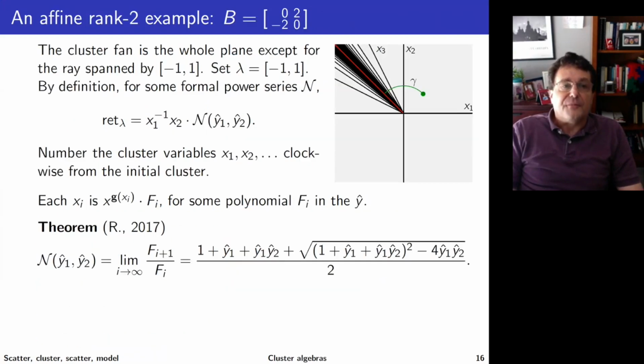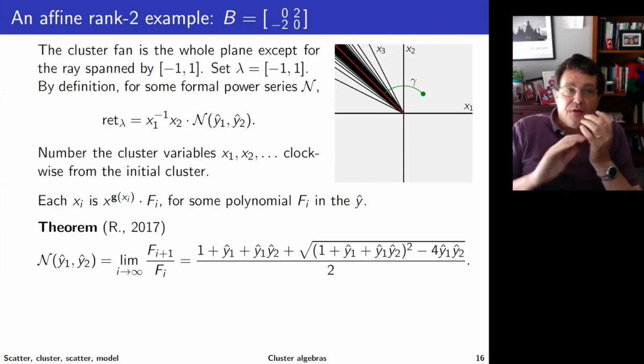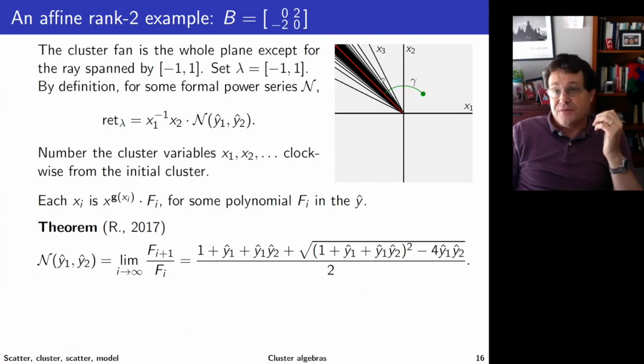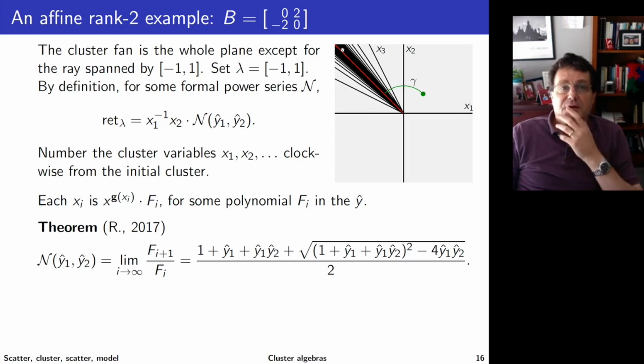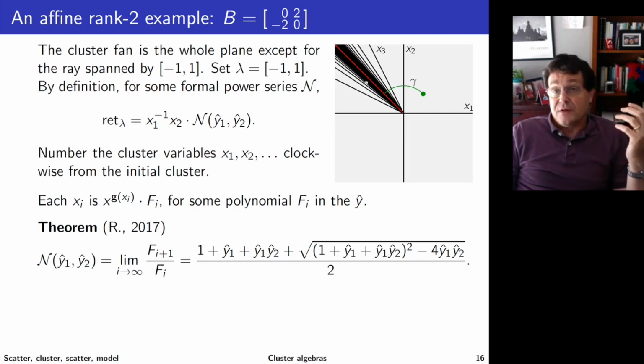Okay. So quickly to an affine rank 2 example. In this case, this cluster fan, basically the g-vectors of cluster monomials, takes up all the space except for this one limiting ray that's in this slope -1 direction here. We know that theta functions and return functions are giving us cluster monomials everywhere.